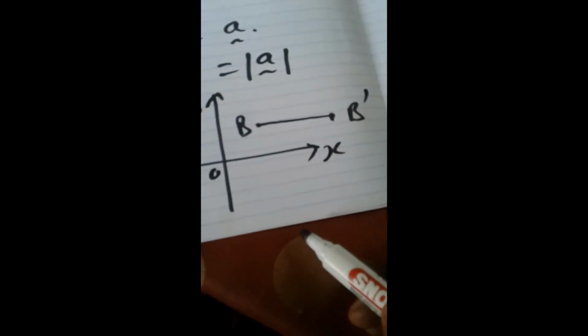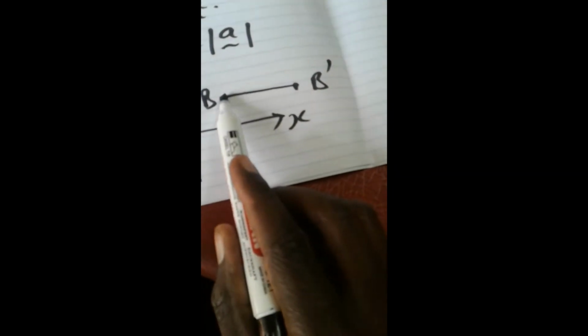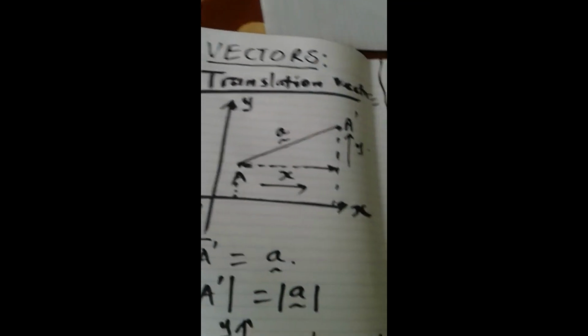And similarly, if a point B moves to B prime along the xy plane, you can see that there has been a displacement from one point to another, and that one is a vector represented by B prime, and this one can be a single vector B. Therefore this one is also a translation vector as long as there is a move in a specified direction or in one direction.